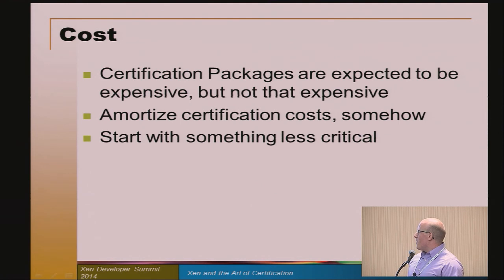Just a brief note on cost. Obviously, based on the slides Robbie showed, it's going to be expensive. So any company certifying Xen has to find some way to amortize the cost over several projects, several customers, something. A general idea of how best to go about that is usually to start with something less critical, such as an infotainment system.